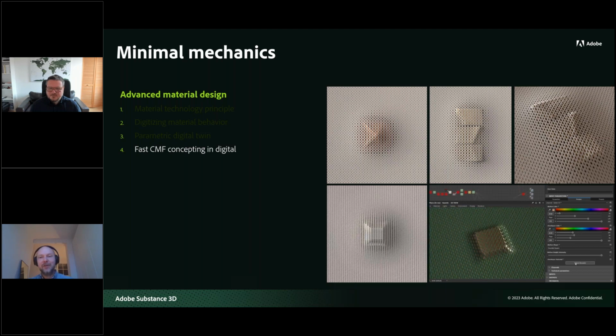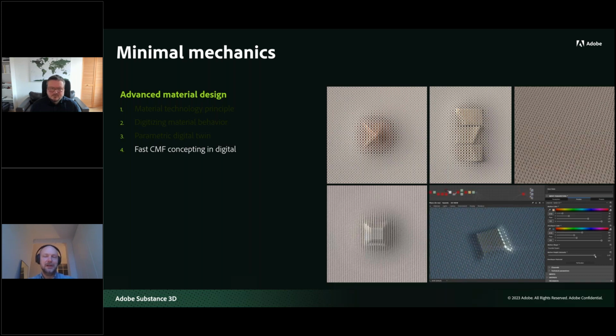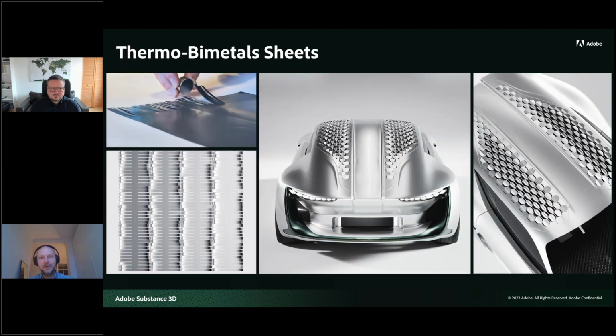Maybe it's about the wire or the sheet, the shape of the actual material itself. Being able to play around with that in a software environment is obviously a real game changer in terms of speed and the amount of variations that you can create.